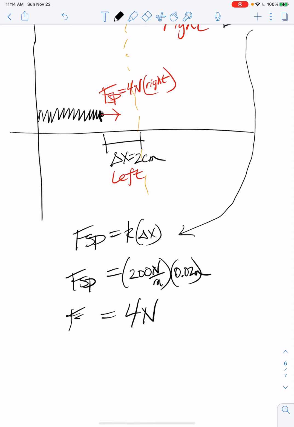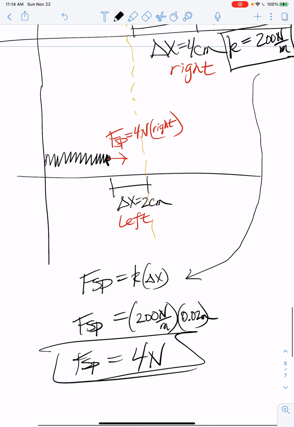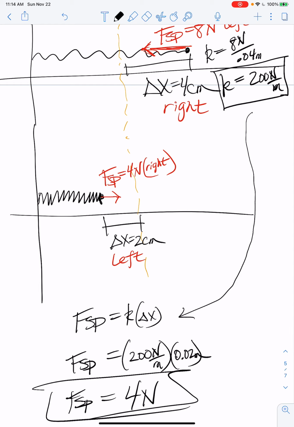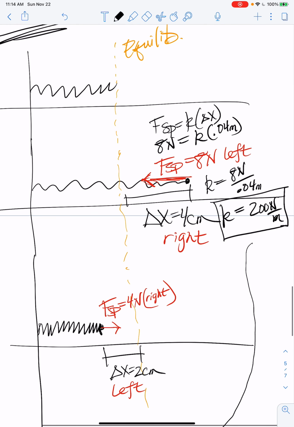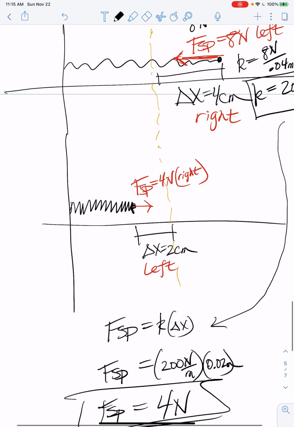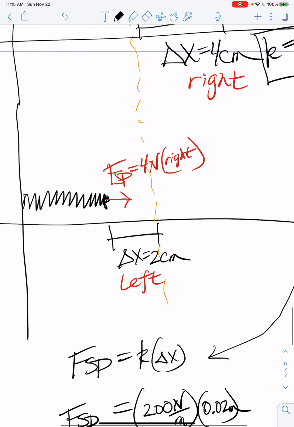All right, so what you see there is that we were able to shortcut all of that just based on the fact that we knew that the relationship between force spring and delta X is proportional, and that if you pulled 4 to the right and got 8 newtons, and then you decided to pull 2 or half as much, then you got half as many newtons, which was 4.